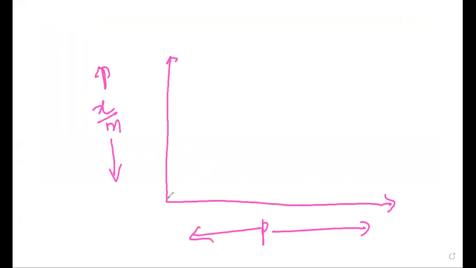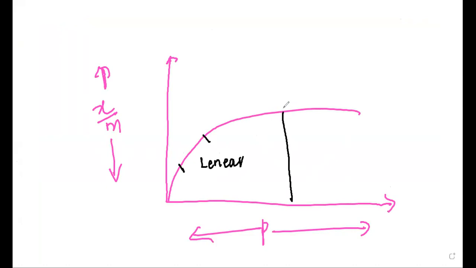And then we have a graph like this, which shows that in between this portion, the graph is actually linear. Then at a certain portion, this becomes parallel to the p-axis. So from here, the saturation has been created and there is no effect of pressure.